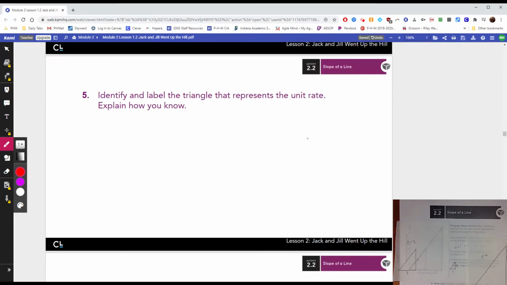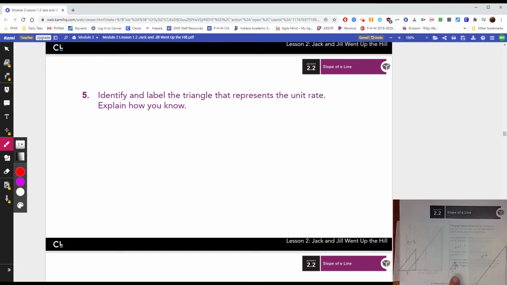Question 5. Identify and label the triangle that represents the unit rate. So now we're looking for unit rate. Unit rate, we've learned, means it has a denominator of 1, or where the independent variable or quantity is 1.